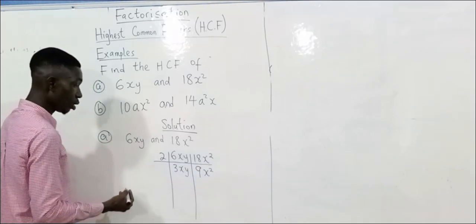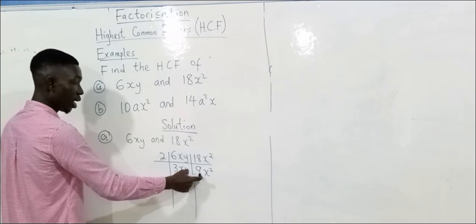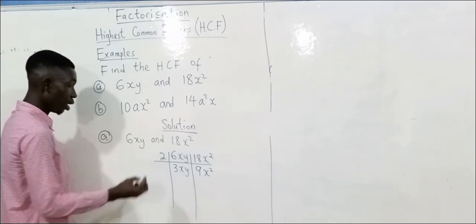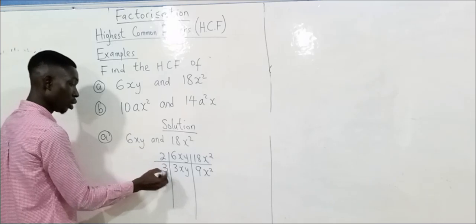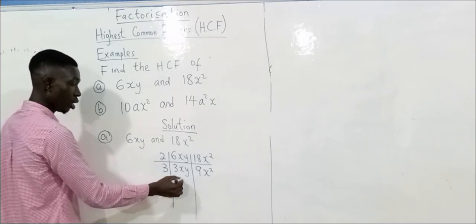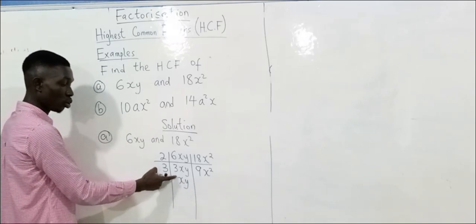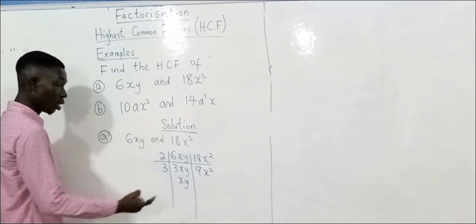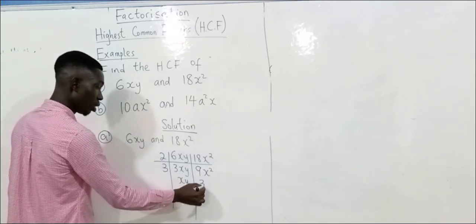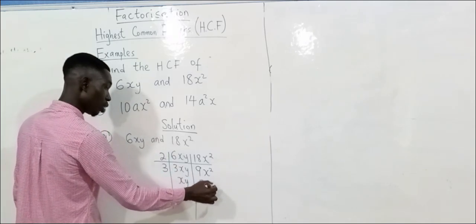We can again look at what can divide 3 and 9. Okay, 3 can go. So 3 divided by 3, we have 1 xy. Remember, I've told you we don't need to write the 1. And then 9 divided by 3 is 3, and then we have x squared.